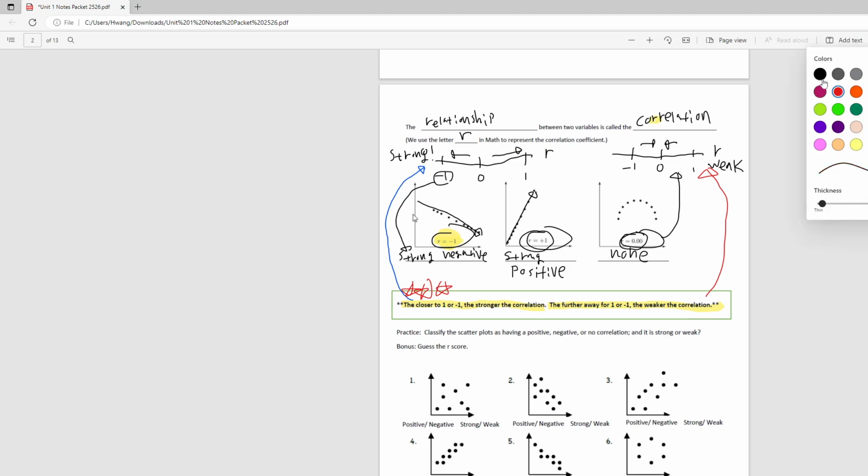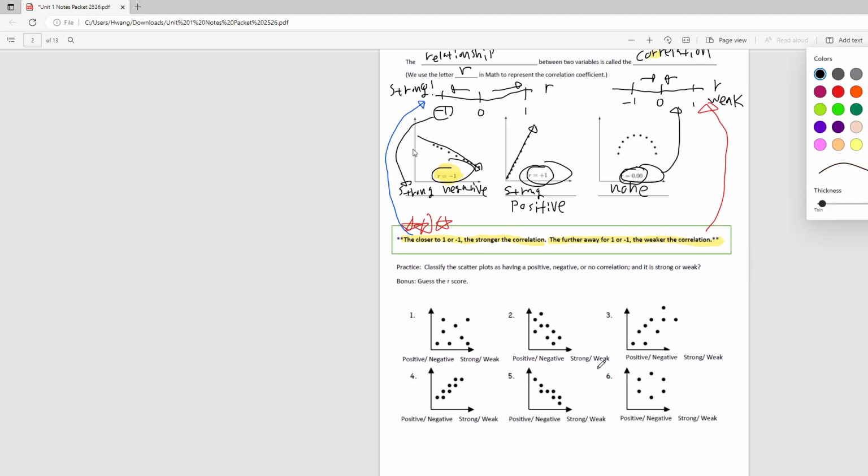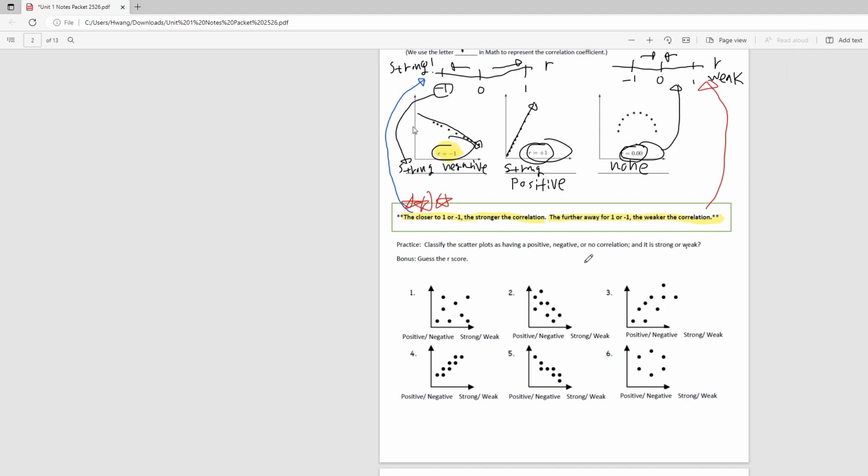Now, let's talk about some example questions. You guys can stop this video for a moment and do the questions by yourself. And I will show you the answer. This is a none because it shows no relationship. The second example is a negative, but it's not strong enough. If you look at the line, the points are together.